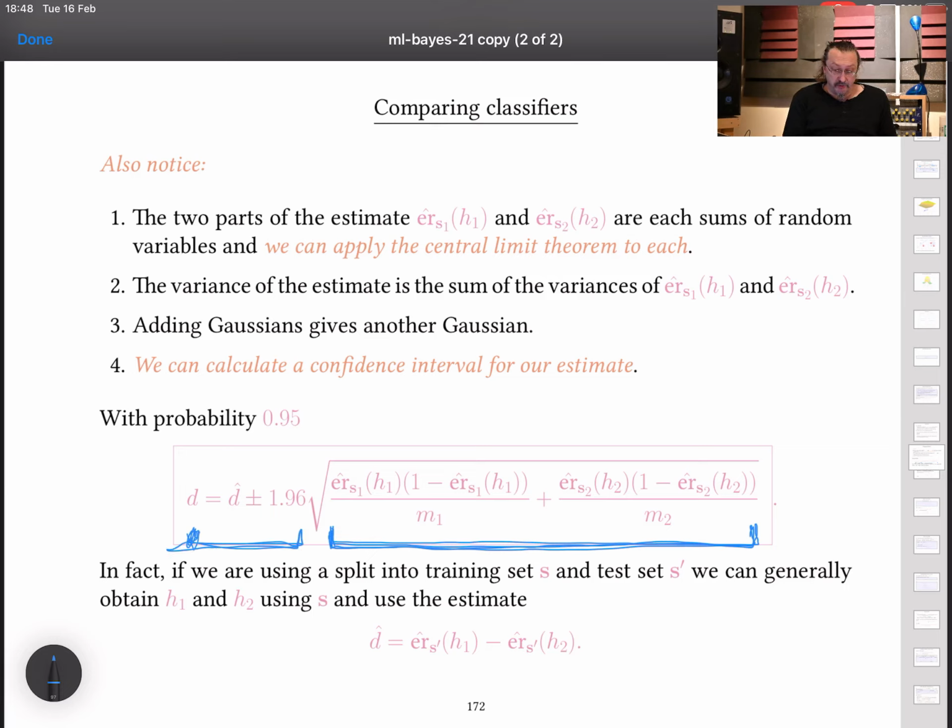Now, M1 and M2 are the size of the two independent test sets, S1 and S2. But in practice, it's common just to use the same test set to make both of those estimates. Okay, not strictly defensible, mathematically speaking, but generally good enough for what we're trying to achieve.